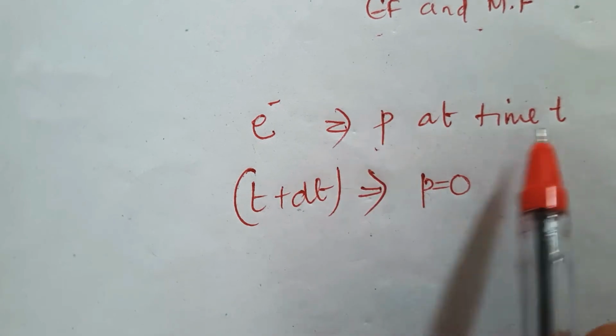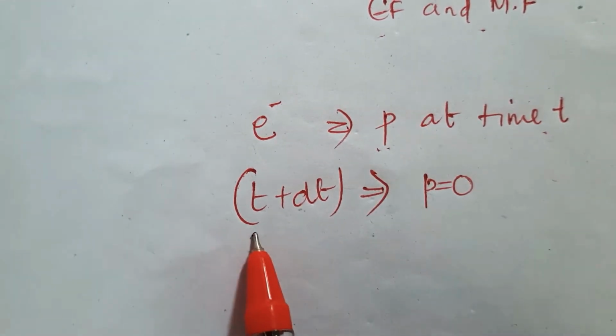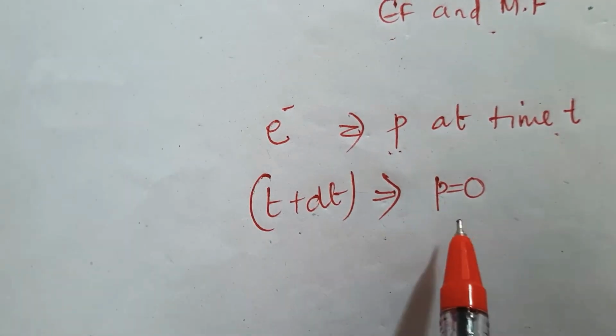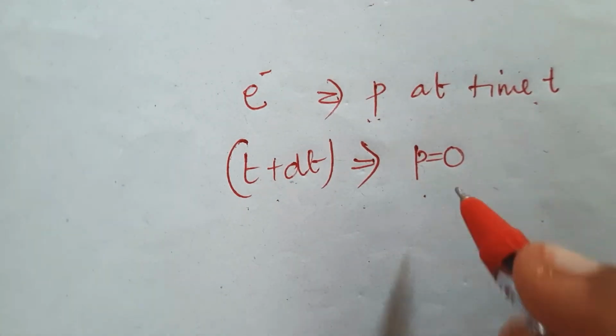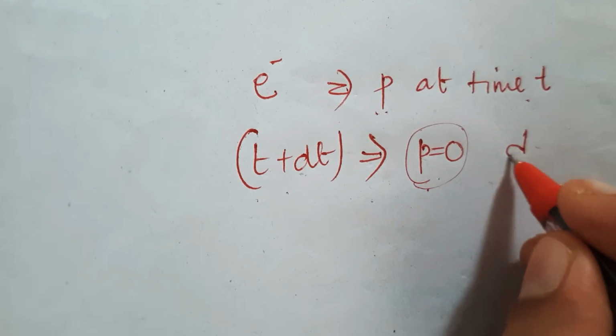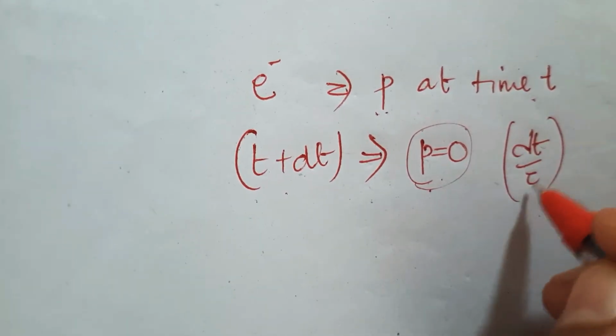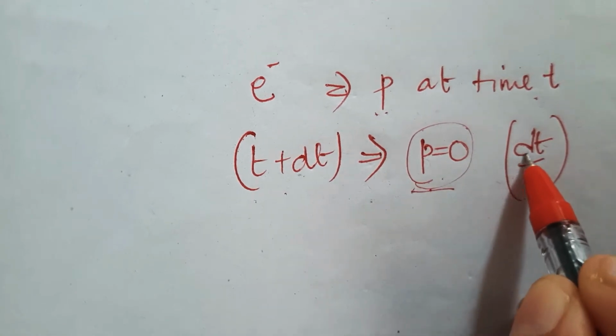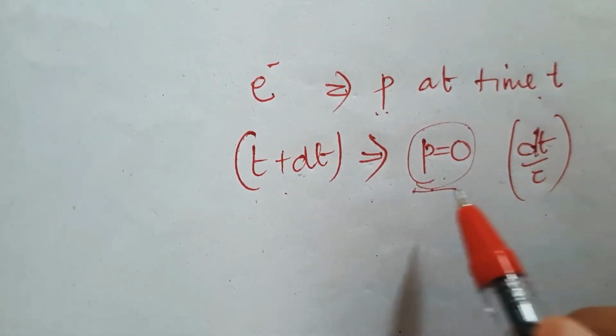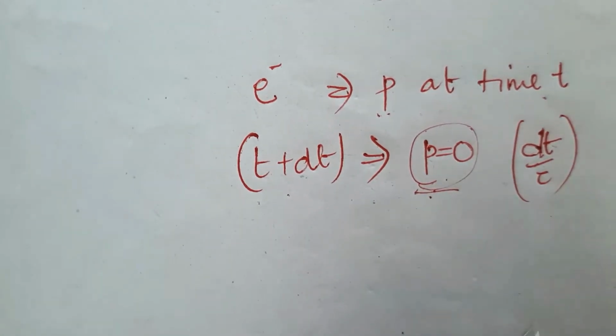The probability that it may scatter is given by dt by tau, which is an assumption from the Drude theory.